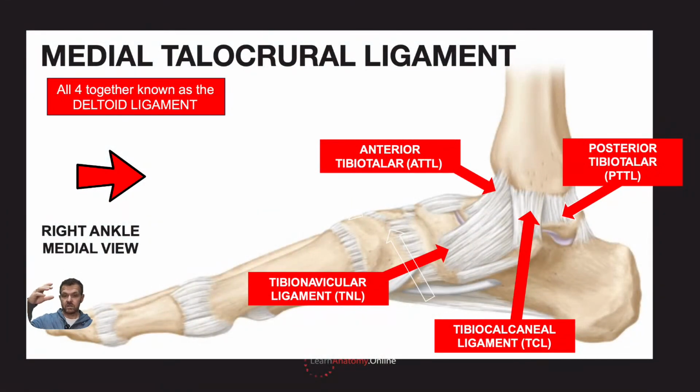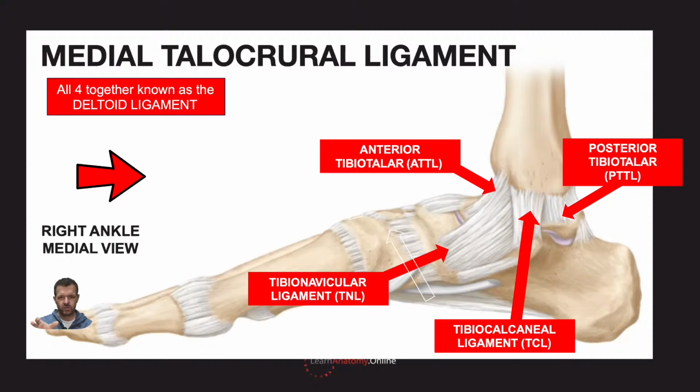So that's your lateral ligaments: ATFL, anterior talofibular ligament, PTFL, posterior talofibular ligament, and CFL, calcaneofibular ligament. Mainly CFL and ATFL are the ones that usually get injured with ankle sprains.